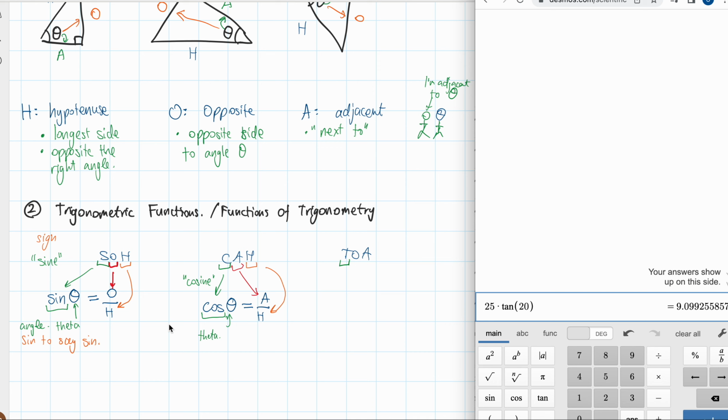The last one is tangent. Tangent theta, I'll just move this down a little bit to give myself some space, is equal to O over A. So we've got tangent there.